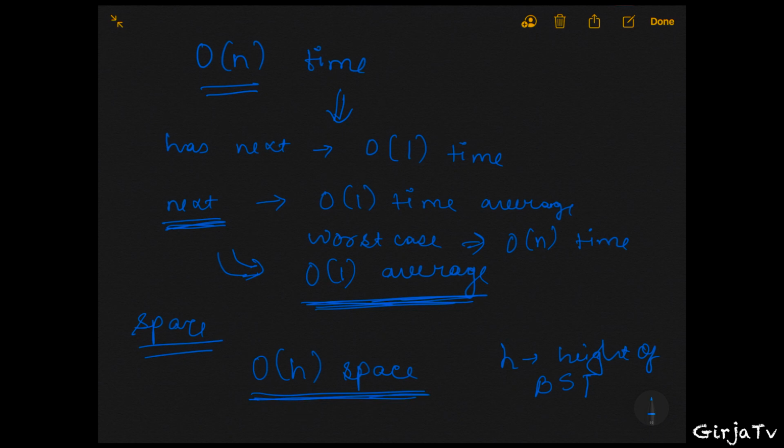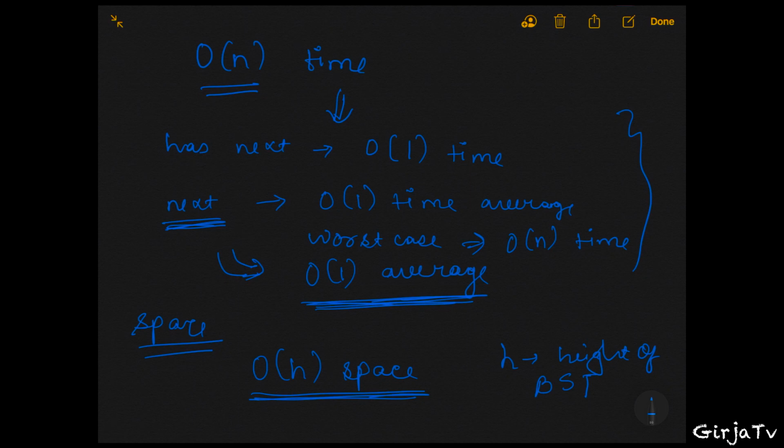And the time complexity is very easy to see, because the important thing here is that at every call in the next function, we are returning the popped element of the stack.